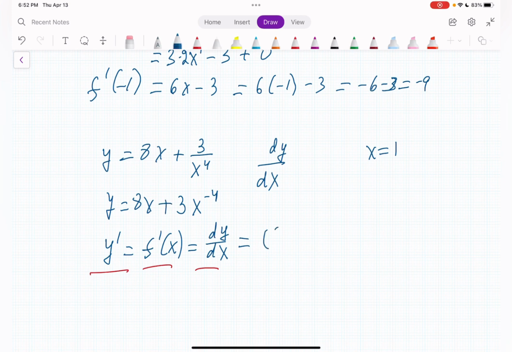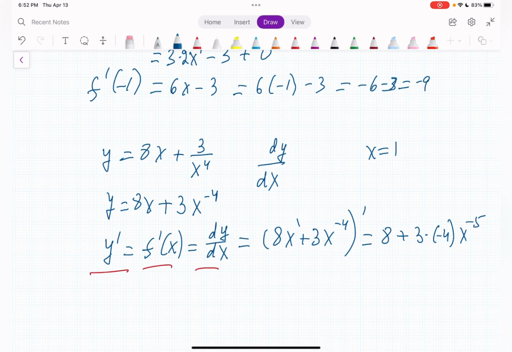Is equal 8x plus 3x to the power negative 4. And we get y prime, 8, right? Here it will be 8, because here we have x to the power 1, and 1 minus 1 is 0, so x is gone. We have 8. And here we'll get 3 times negative 4 and x to the power negative 5 minus 1, right?